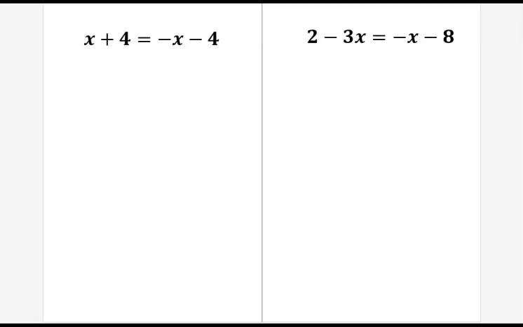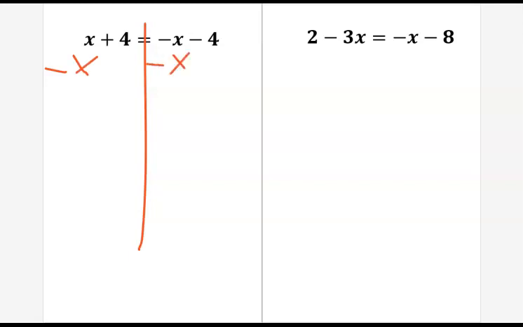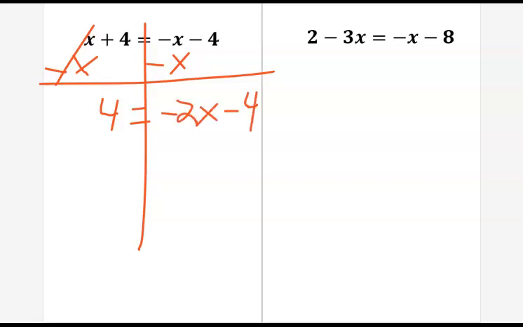So let me do this problem again. But this time I'm going to subtract x from both sides instead of add. Okay? If I do that, I cancel out the variable on the left side, giving me a negative 2x on the right, minus 4.